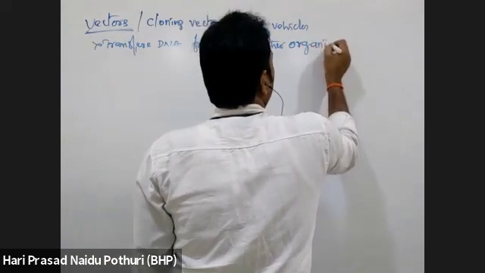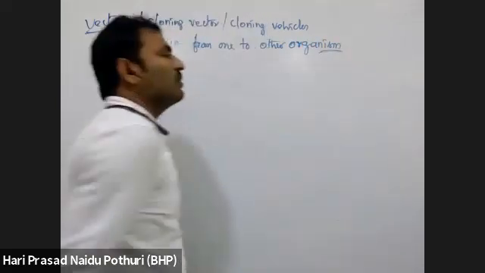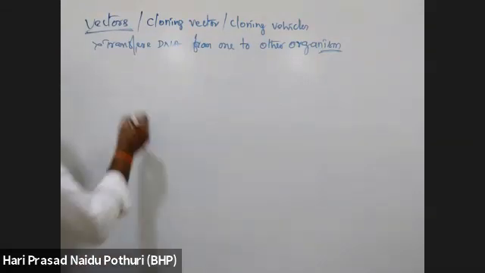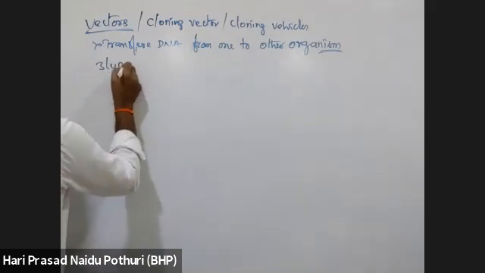So that's why they are used as vectors. Usually these vectors are of different types. How many types of vectors are there? 3 types of vectors are there generally.